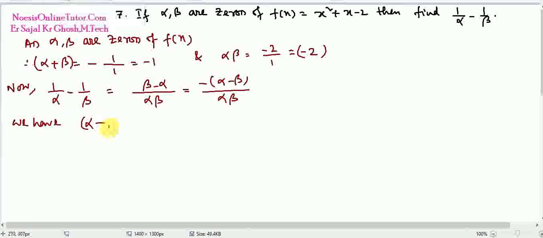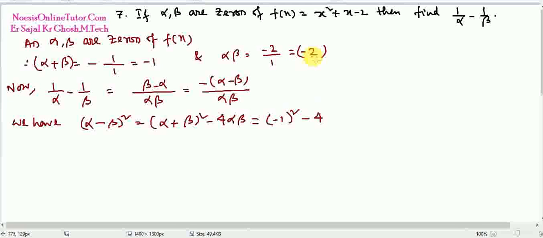minus beta whole square is equal to alpha plus beta whole square minus 4 alpha beta according to algebraic identities, because a minus b whole square is equal to a plus b whole square minus 4ab. Now I have the value of alpha plus beta. What is alpha plus beta? This is equal to minus 1 whole square minus 4 into alpha beta.